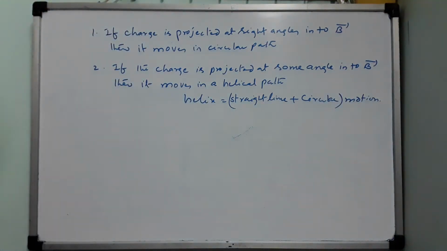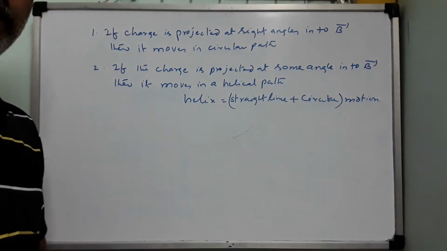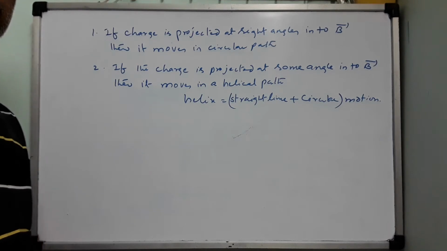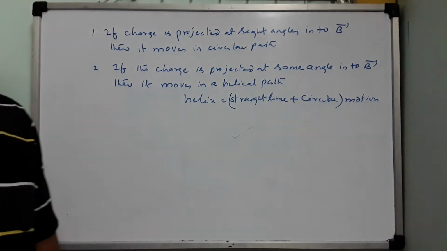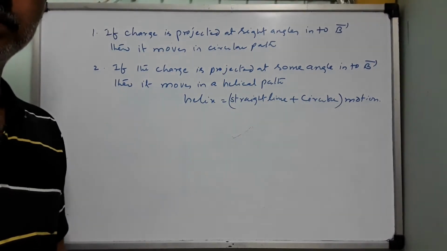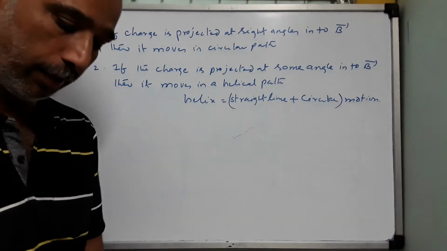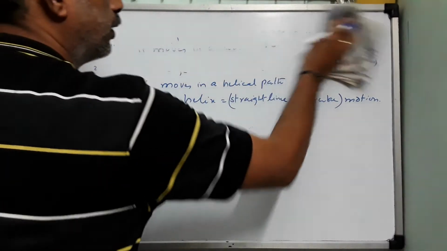Okay, right. Now we will do one important application of magnetic force on a charged particle. We compare the radii described by two different charged particles when projected into the same magnetic field. So that question I will briefly describe on the board.